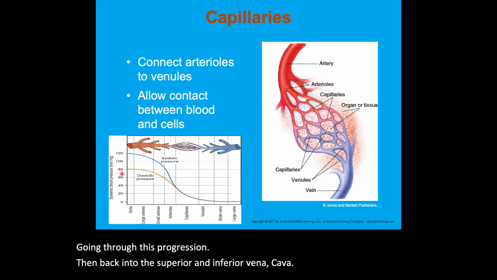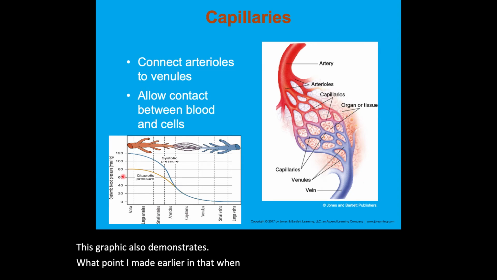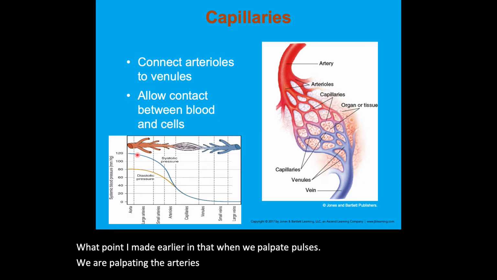Now, this graphic also demonstrates the point I made earlier, in that when we palpate pulses, we are palpating the arteries. And that's because the pressure within the arteries is much greater than compared to the veins.